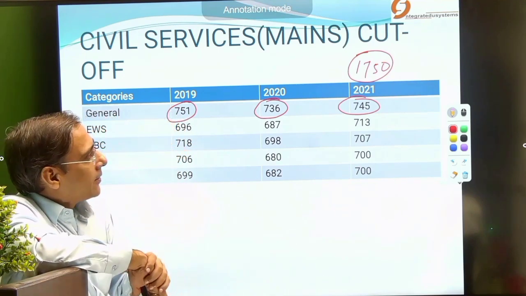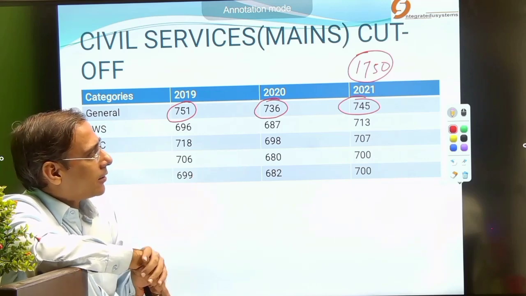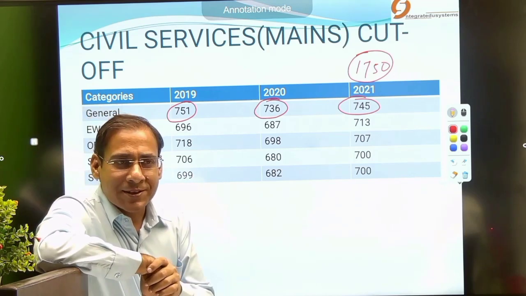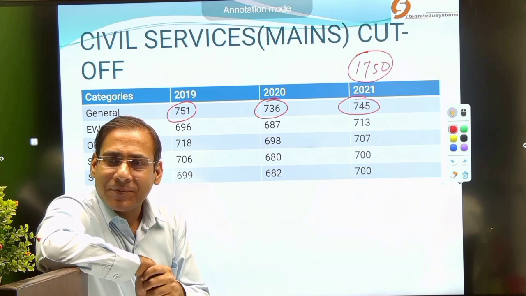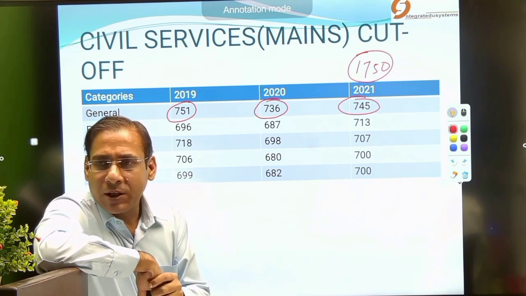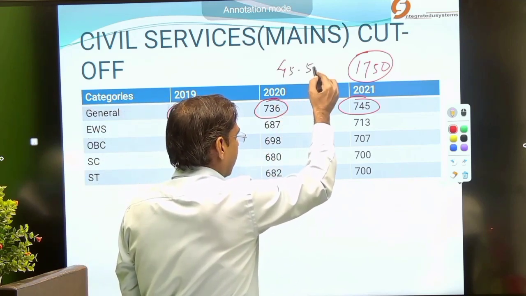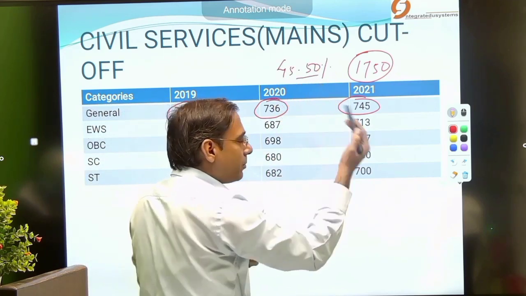So when you look at it, almost 50% marks is required, and even less than 50%, 45 to 50% marks is required. What should be the standard?